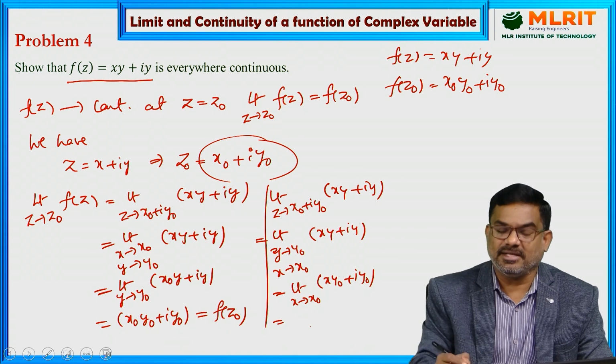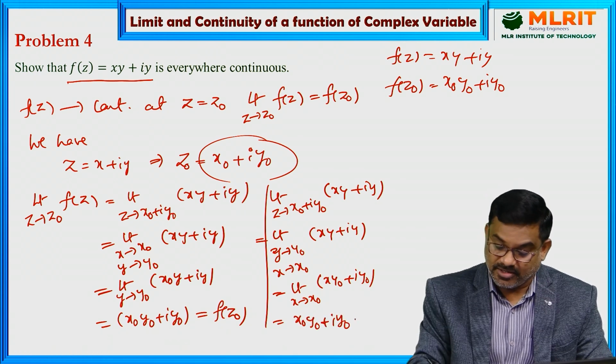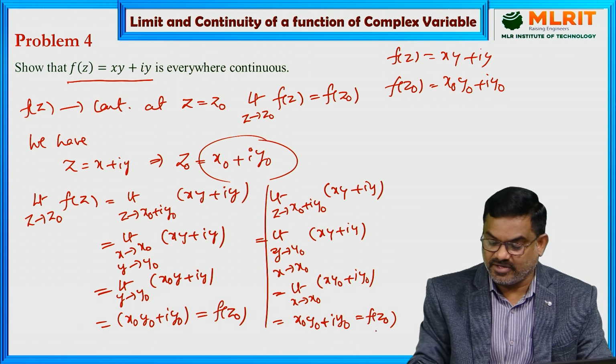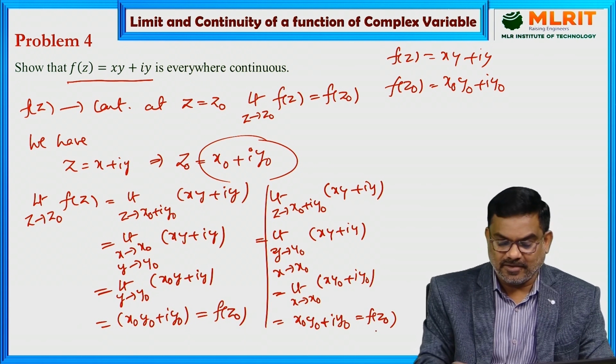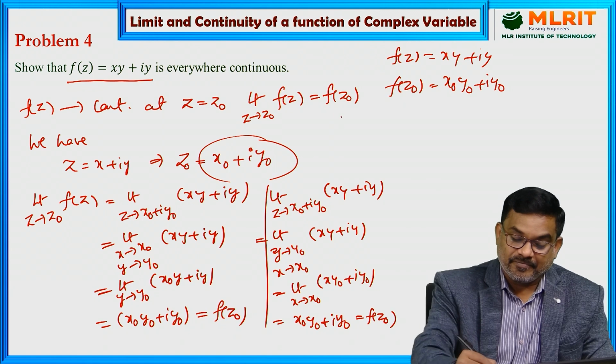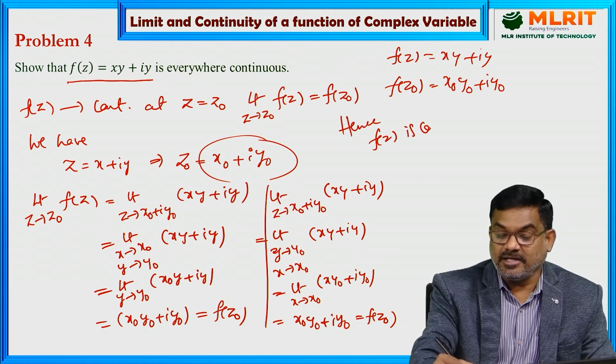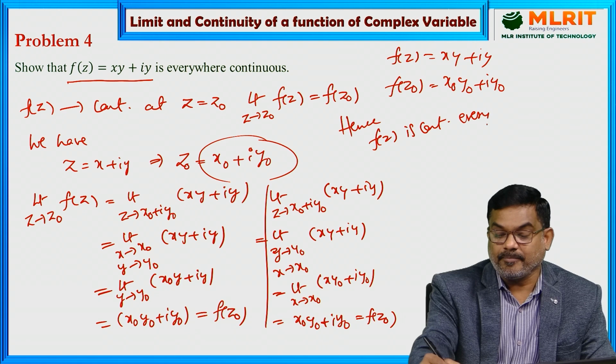Now apply x tends to x naught: x naught y naught plus iy naught, which is again f of z naught. So in both cases the limit is equal to f at z naught. Hence, the given f of z is continuous everywhere.